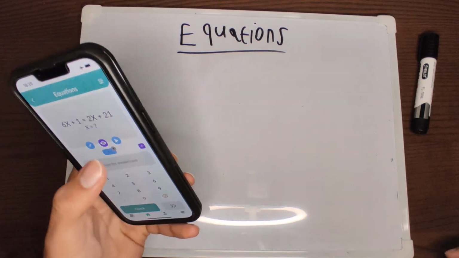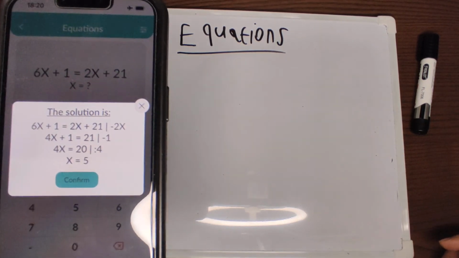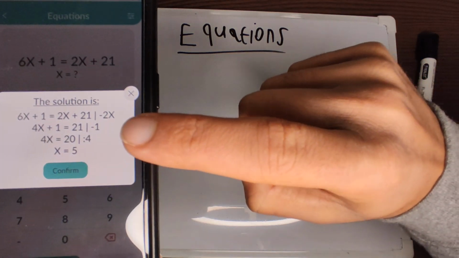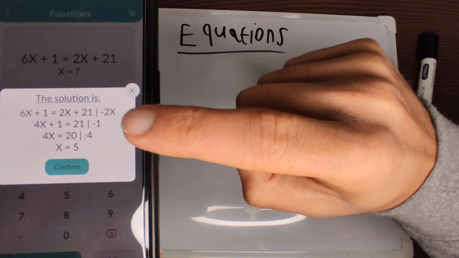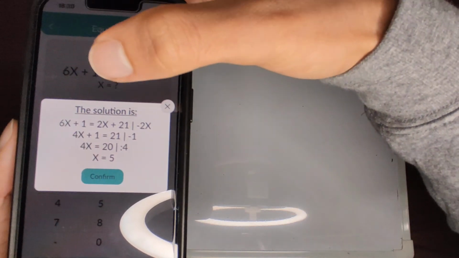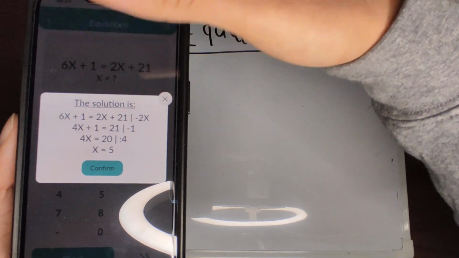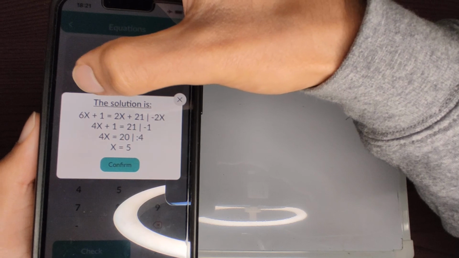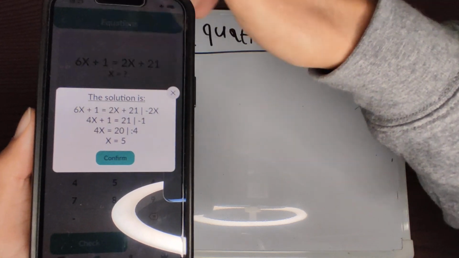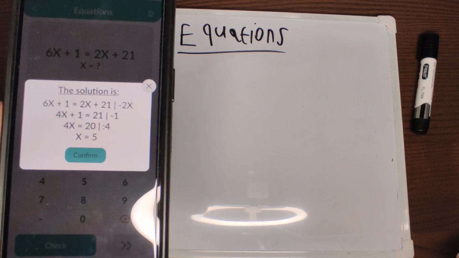Let's take a look at another example. This is a longer equation. First, we move the 2x, subtracting it from both sides. So you can see that the 2x here is disappearing, and the 6x here becomes 4x because we have subtracted 2x from it, and so on.